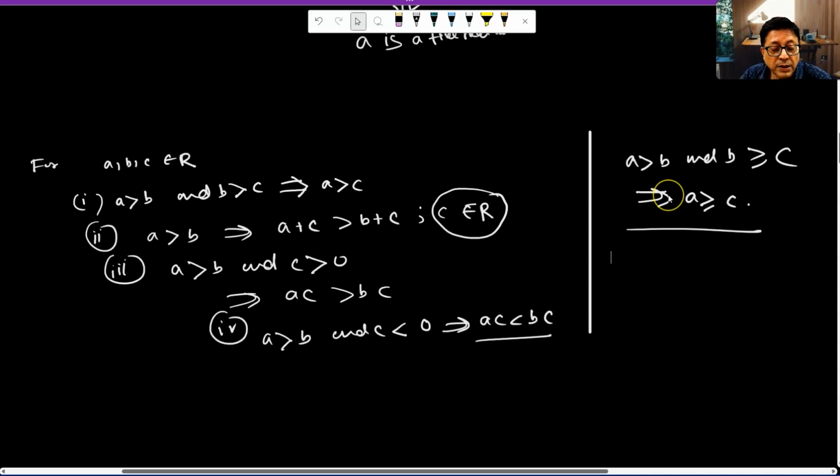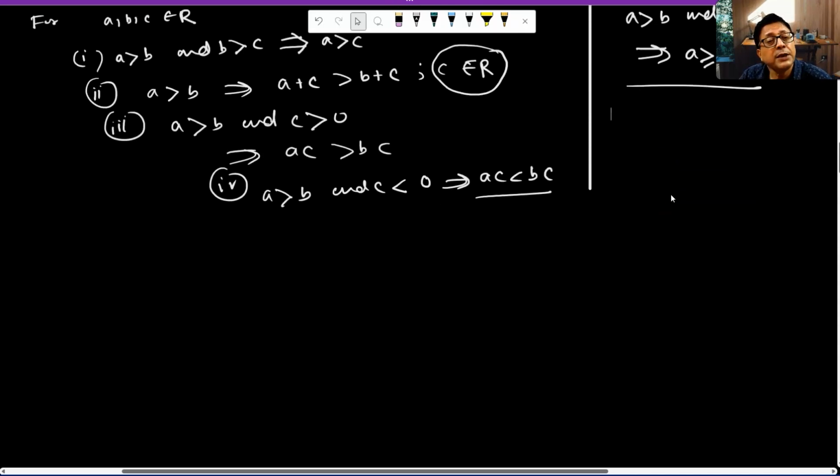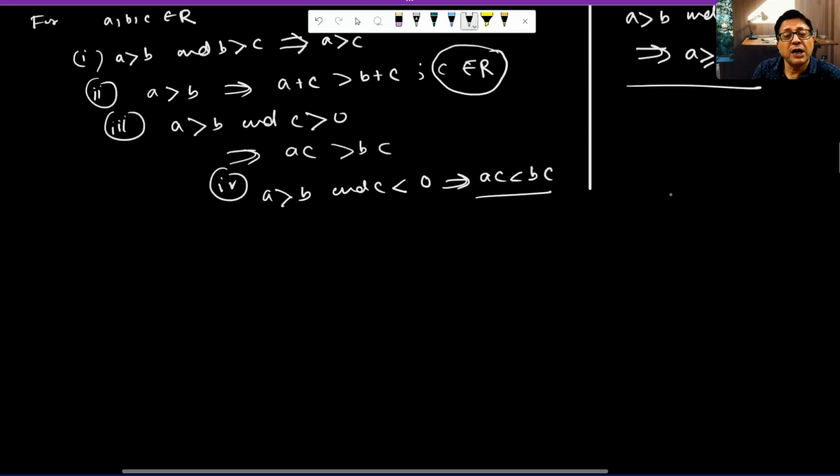Okay. Now, in inequalities, I told you we mainly compare two quantities, two real quantities, two real functions. But the function concept may be confusing for some of you, so I am not taking the concept of function here. I am just taking any two algebraic quantities we can compare. How can I compare them?